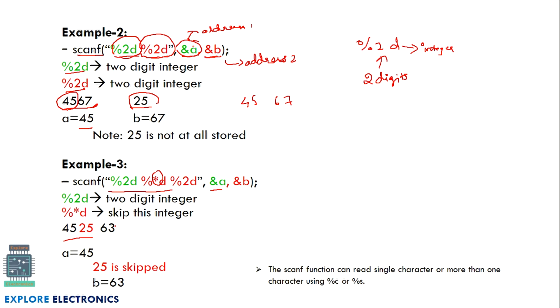Suppose we give 4525 and then 63, this 25 is going to be skipped. After 2 digits of integer, whatever we get will be ignored and the next 2 digits will be taken into b. So if you give 4525 as input A and 63 as input B, it is going to take only 45 as A value and 63 as B value. 25 will be skipped since we are formatting the input data like this.